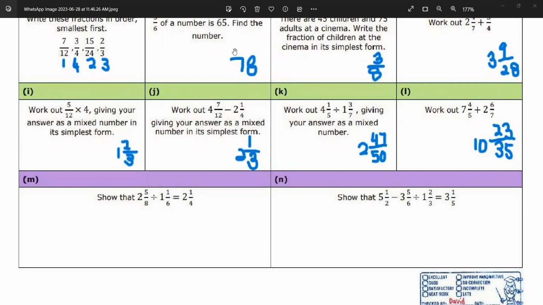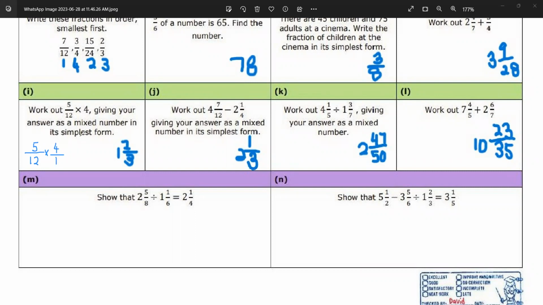Question I. Work out 5 out of 12 times 4, giving your answer as a mixed number in its simplest form. So 5 out of 12 times 4. 4 is an integer, so we'll make it a fraction by adding the denominator for it, which will always be 1.